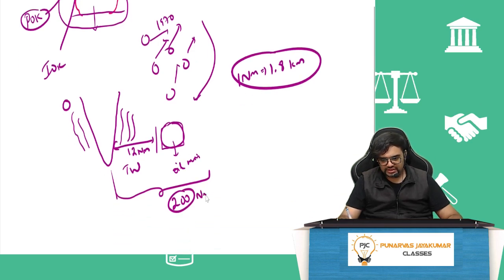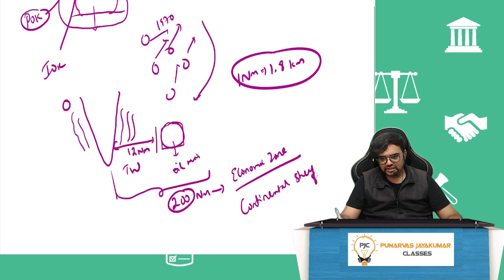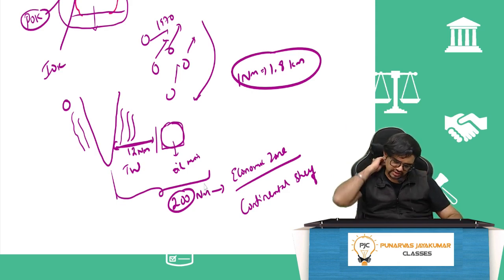That is called the exclusive economic zone, and some parts are called the continental shelf. That also will be part of the country. So not only 12 nautical miles, but also 200 nautical miles. 200 includes the 12. So 188 nautical miles from the territorial waters will also be called the economic zone and continental shelf.